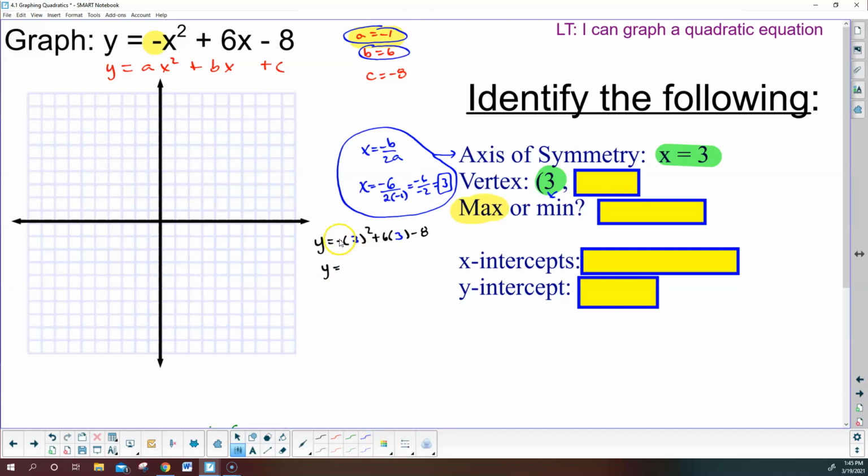Now we do have to be careful because the negative's on the outside, so 3 squared is 9, and the opposite of that is -9. 3 times 6 is 18, minus 8. And when you combine all those, you end up with the y value, which is 1. There's my vertex.